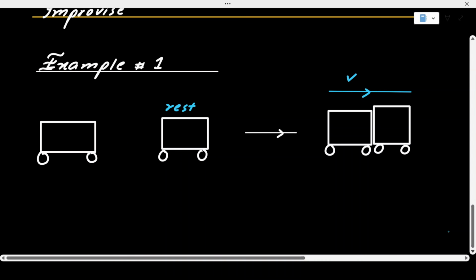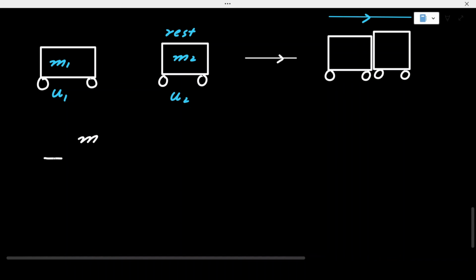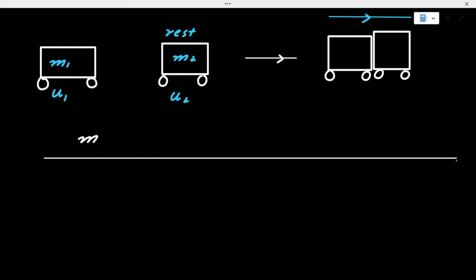The mass of this one is m1, the initial velocity is u1. This mass is m2, the initial velocity is 0. Now what is the improvised expression? For the law of conservation of momentum, m1 u1 plus 0.